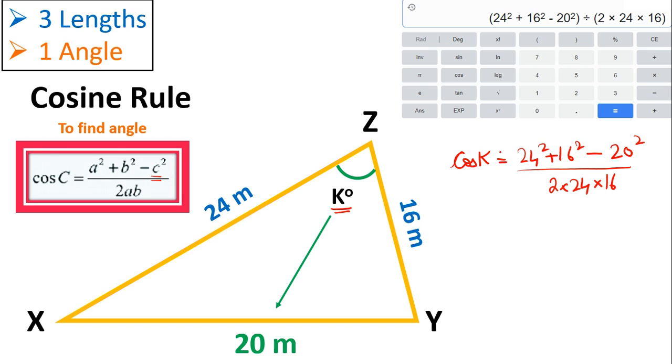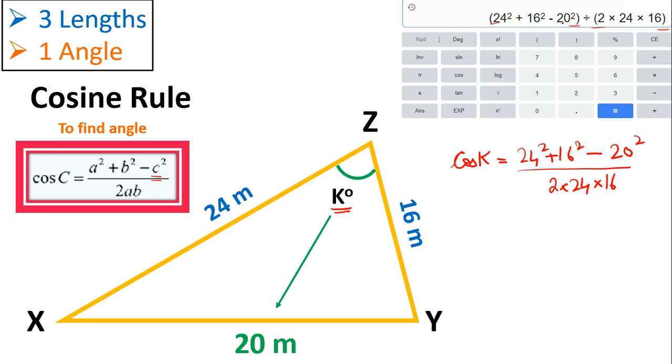Or if you want to do it straight away in one go, it's always a better idea to use brackets. If you do not put these brackets, you're going to end up with a wrong answer, because according to the order of operations, division happens first, then multiplication, then addition, and then subtraction. So the calculator is going to do it in that order if you do not set the boundaries. Obviously we don't want division first.